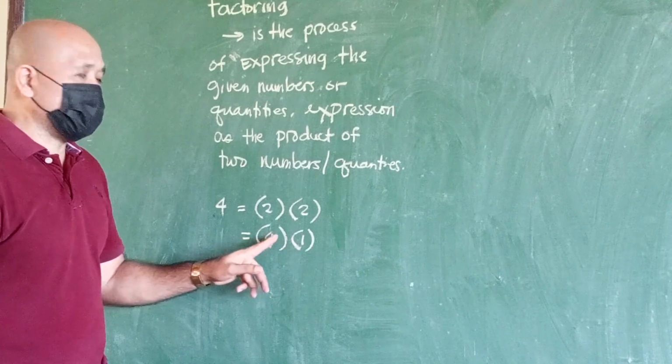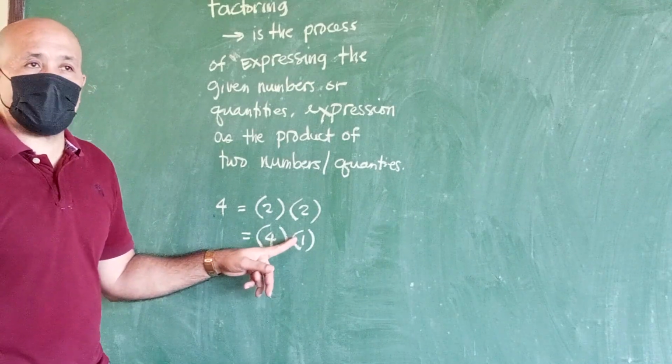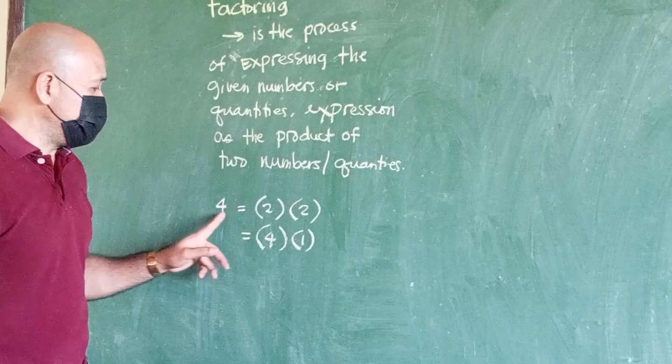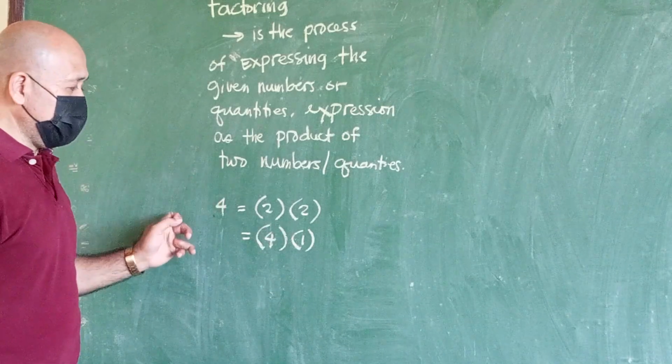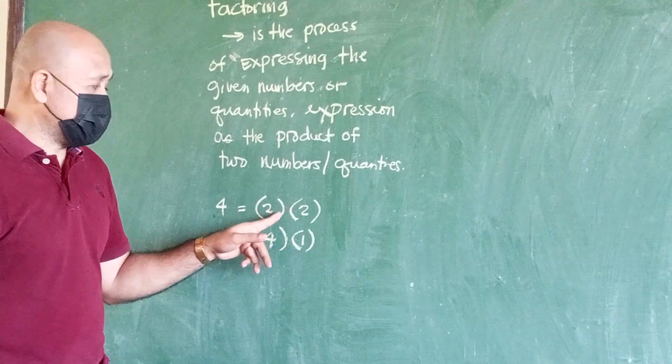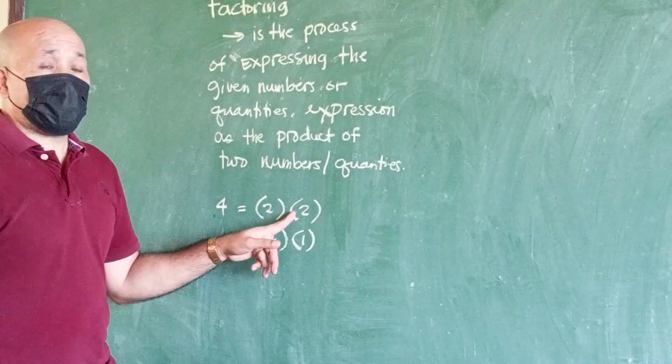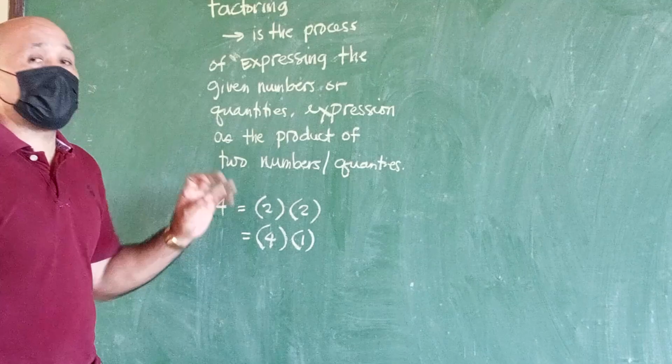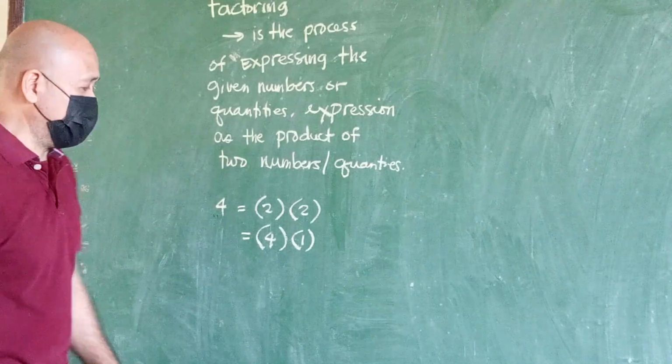These two numbers, 4 and 1, can also be considered factors of 4. In elementary, we call the first 2 and 2 prime factors of 4. And the idea here is factoring.